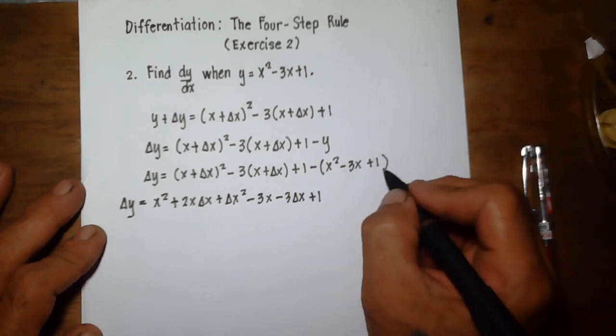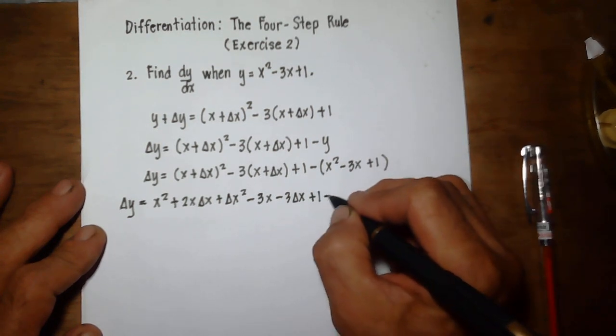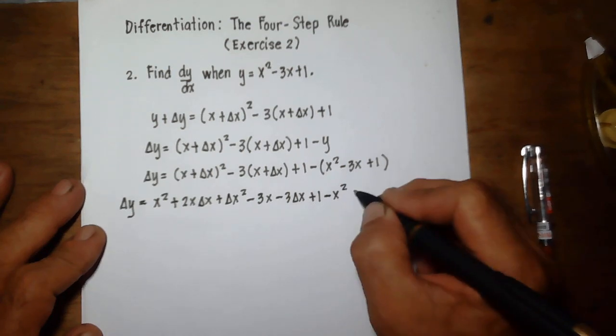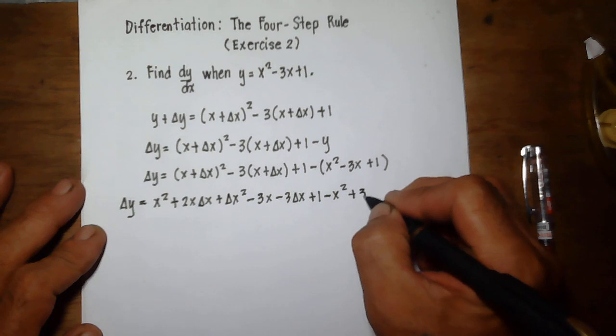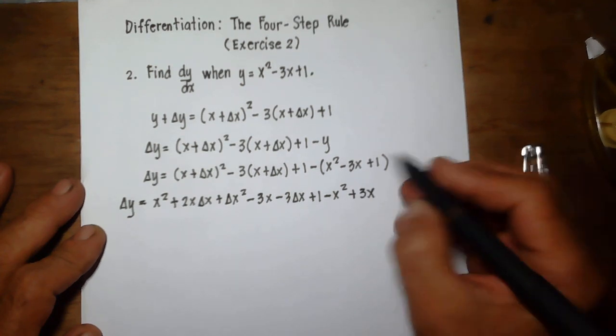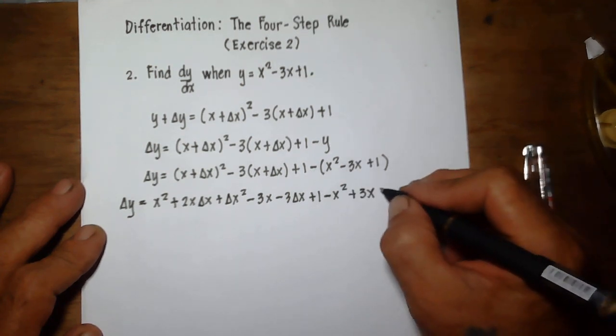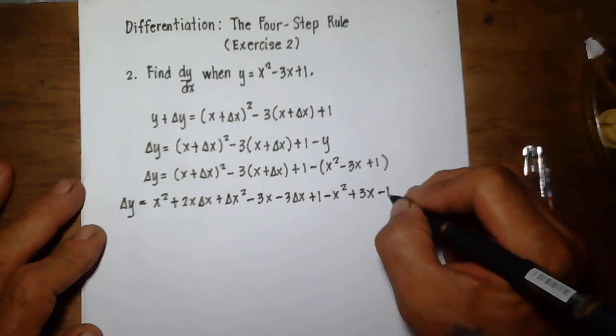Now we remove the parentheses, becomes minus x squared, negative negative, and that will give us positive, plus 3x, negative, positive, and that will give us a minus 1.